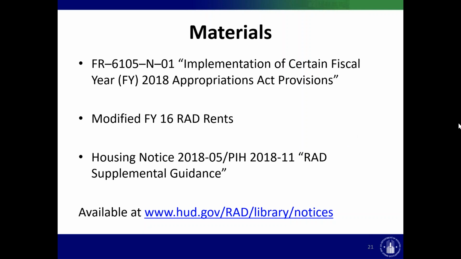Question: who is required to be the owner in a small PHA conversion? It's the same as for any other conversion. So the housing authority can own the property directly, can own it through an affiliate, could hand it over to its nonprofit, could hand it over to a third-party nonprofit, or following conversion could transfer it into a tax credit entity if there's going to be a refinancing down the road, as long as the property continues to be controlled at least by a public or nonprofit entity.